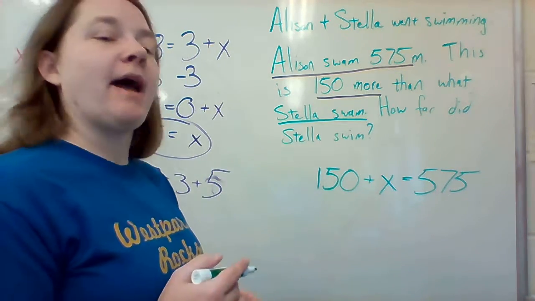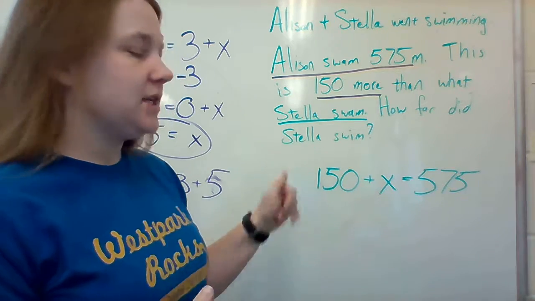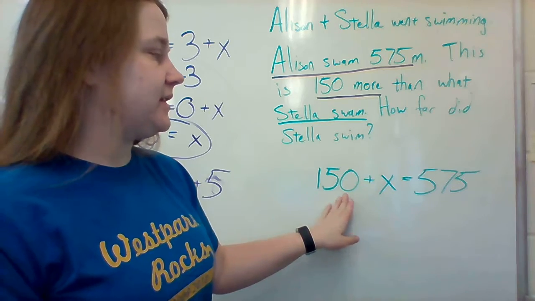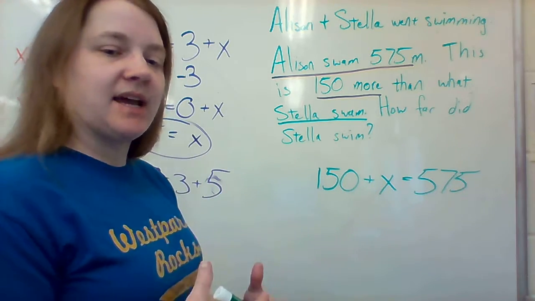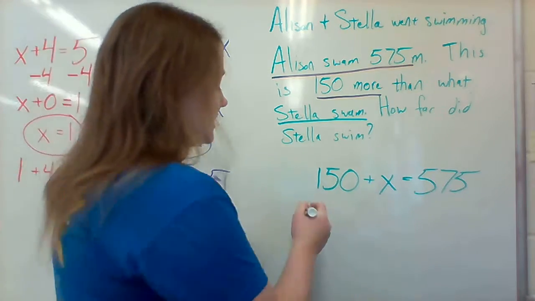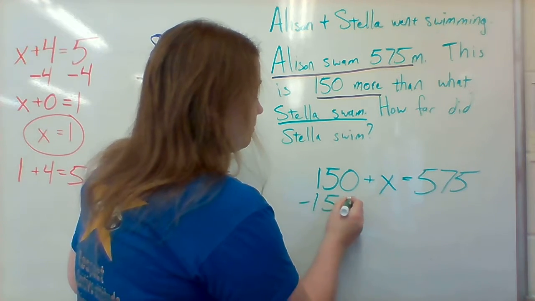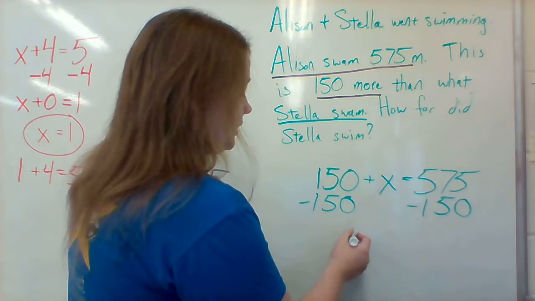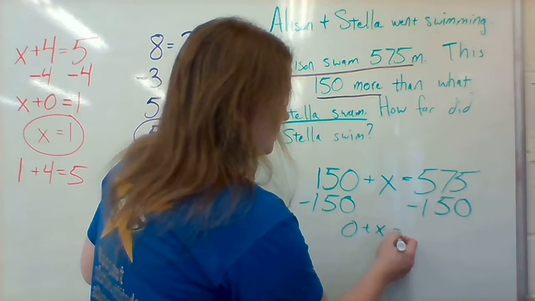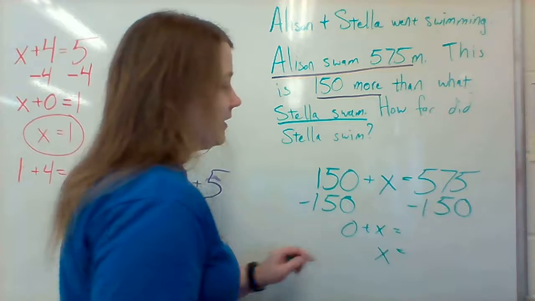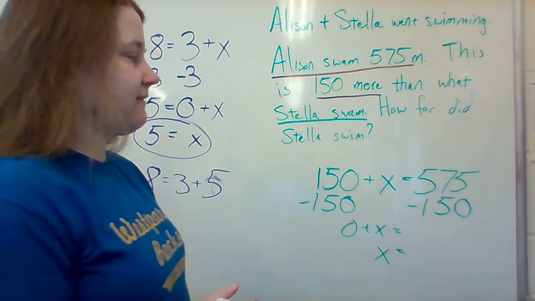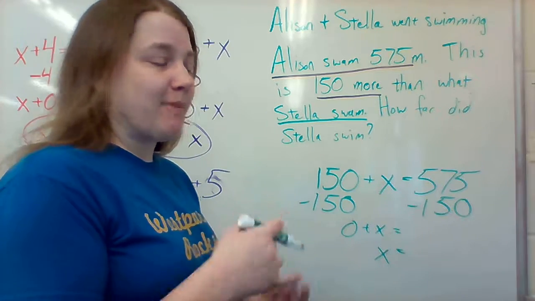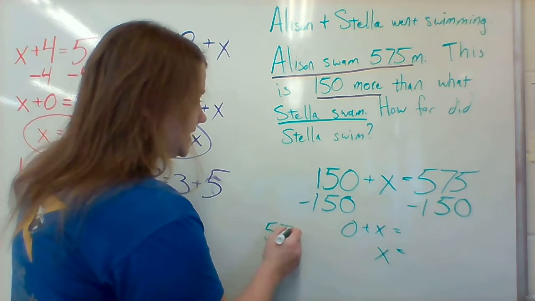Now to figure out how far Stella swam, we need to solve this equation. So we have 150 on this side. We need to get rid of it to get that x all alone. So let's take 150 out of both sides of the equation to make sure it stays equal. Here you have 0 plus x, which is just going to equal x. Now we have 575 minus 150. I strongly suggest that you do any math, any figuring off to the side.